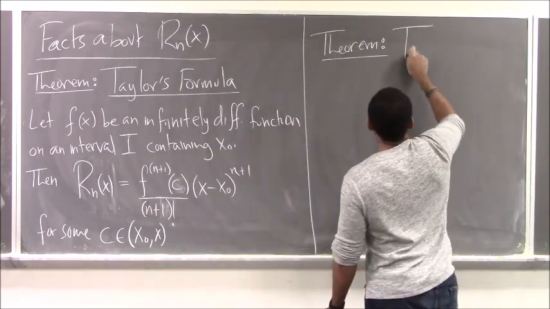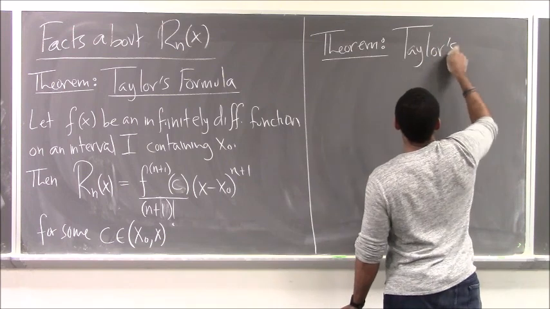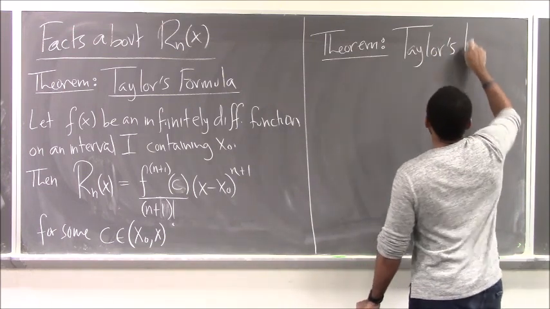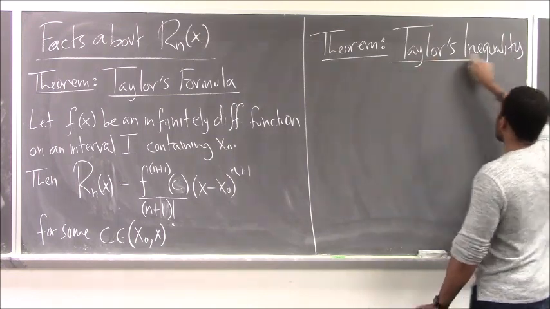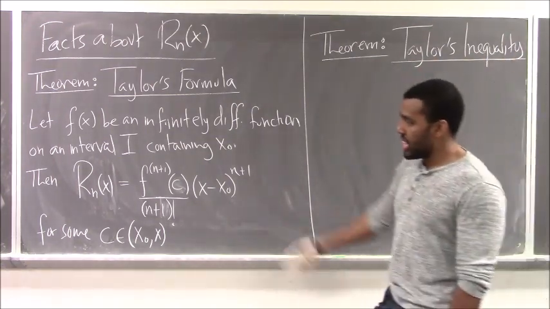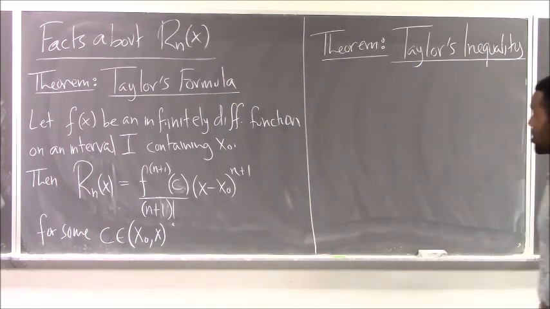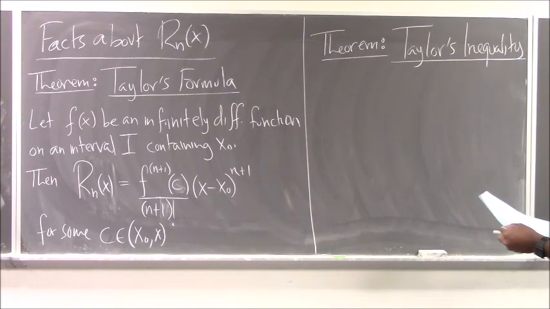It's called Taylor's inequality. It turns out that there's actually an inequality that the remainder term will satisfy.